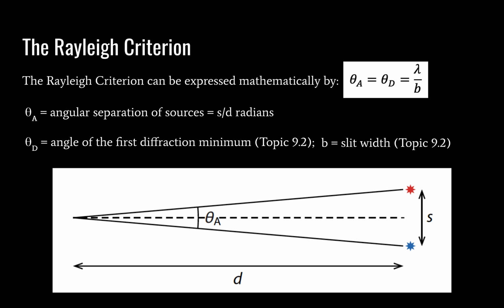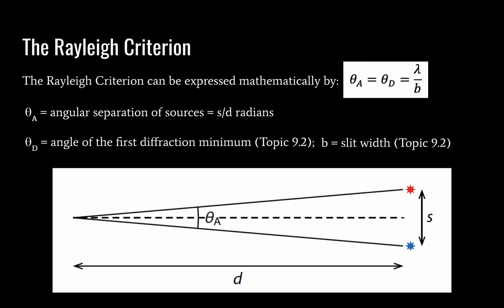Okay, so those are ideas from topic 9.2. And it goes without saying here that we're using a small angle approximation. Okay, so the Rayleigh criterion for circular slits is going to be given by 1.22 times wavelength divided by B. And remember that B is slit width.